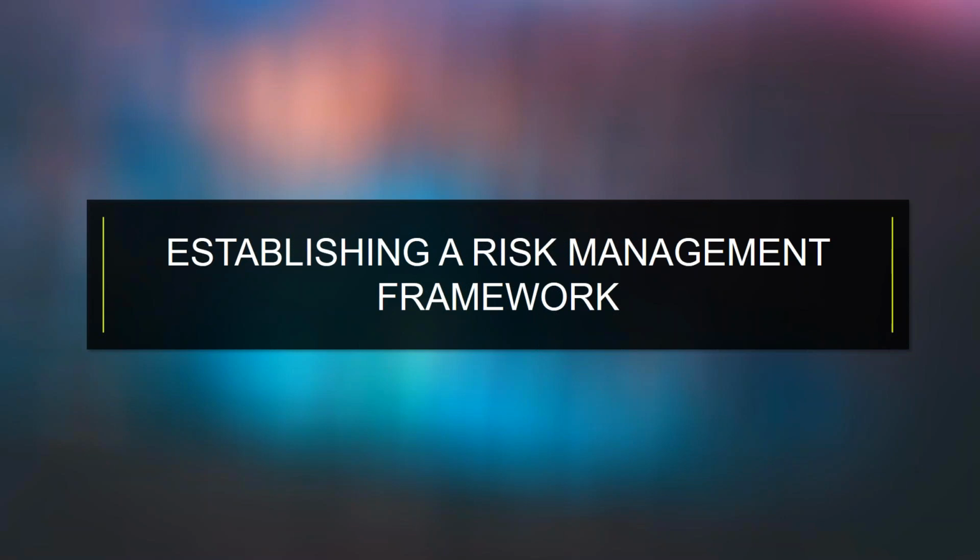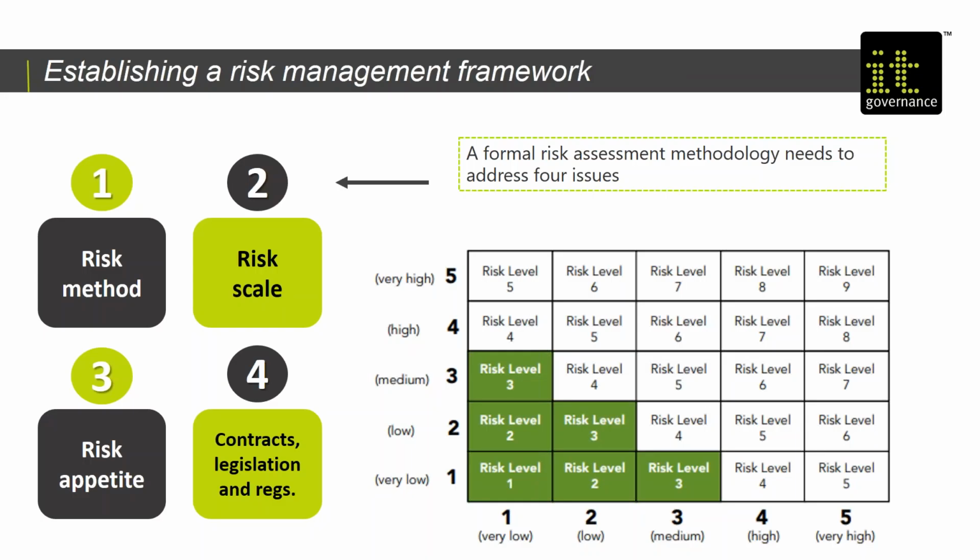So we're at stage 6, if you recall what we went through with us mid-May. At stage 6, we need to determine a risk management framework. There are 4 aspects on this slide relating to a risk management framework. First off, determining a method.